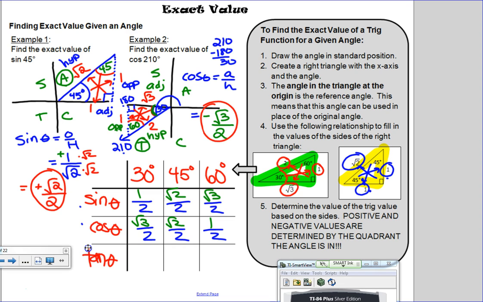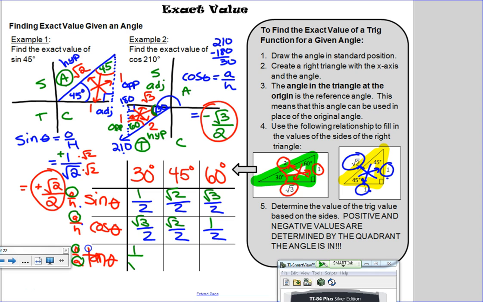Now to get the tangents, remember that tangent is O over A and sine is O over H. I'll just write them for a second. So the O side and the A side make the tangent. So all you have to do is get the numerators of each of the cosine and sine and put them together.